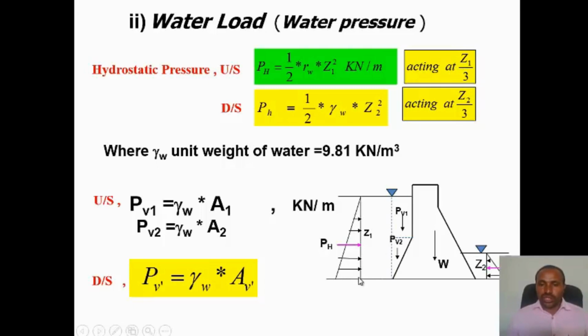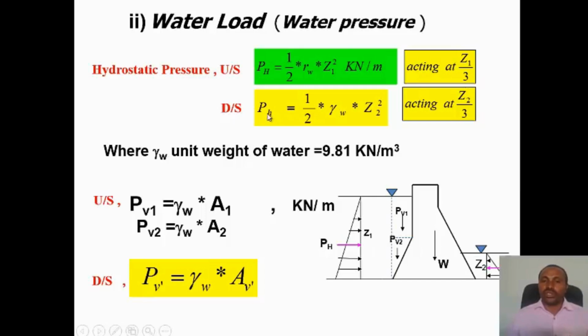This is gamma W times Z1, then this is Z1. If you multiply the area, you will get this value. So the centroid from the base of the dam is 1/3 of Z1. Why do we take it from the base? Because this hydrostatic pressure will create a clockwise moment about the base of the dam. We will calculate the moment about this point. We will see later on.